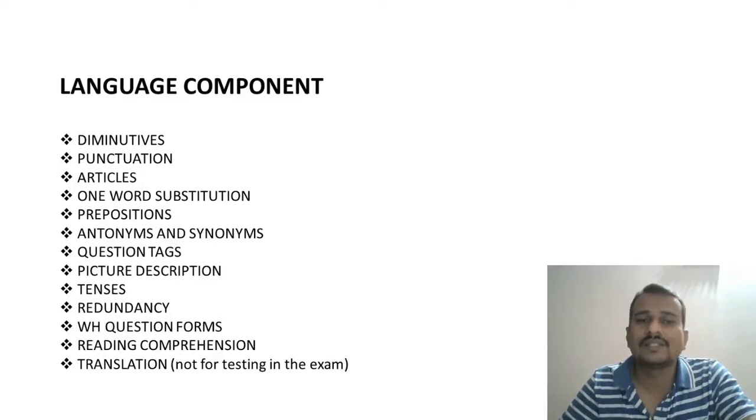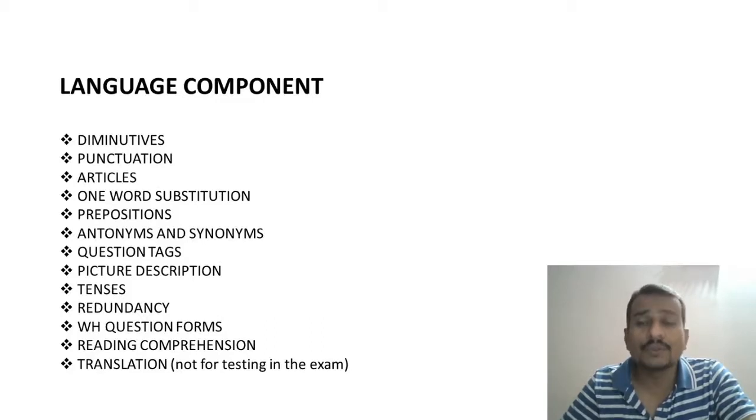The articles, modifiers in a sentence, play a role to complete the sentences and make them meaningful. There are two kinds of articles, definite and indefinite, which will be discussed at length in the next coming session. One word substitution is a part of vocabulary building. A big sentence or a group of words is replaced by one word.